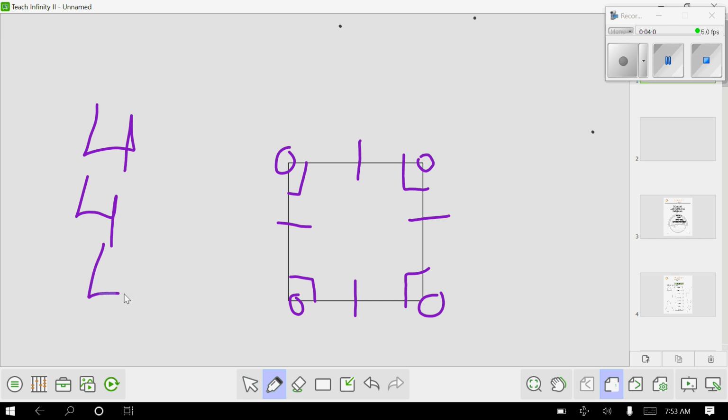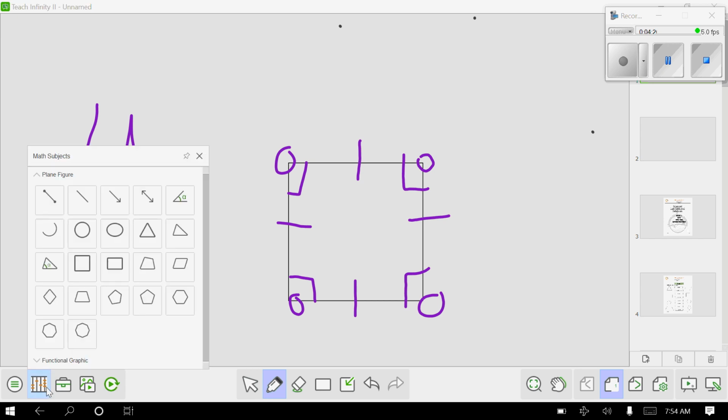Again, for the square, I have four sides, four vertices, and four angles.